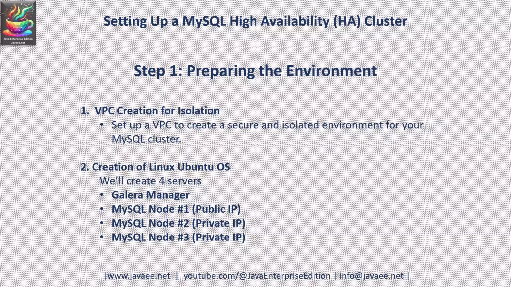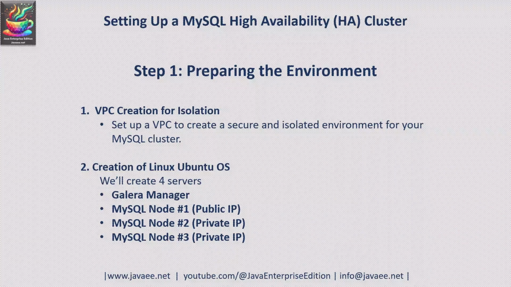The reason I have that is because we don't want to expose all the MySQL nodes outside of the VPC. Sometimes we need to access certain data from the internet. That's the reason why I am going to set up node number 1 with the public IP.